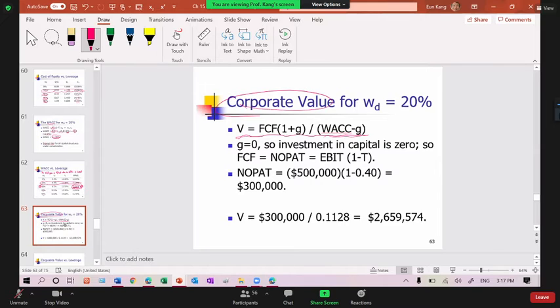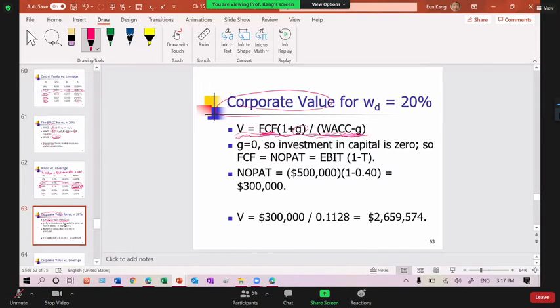So free cash flow 1 times 1 plus G over WACC minus G, right? This is when the growth is constant from time zero. Constant growth model. Payment times 1 plus G over I minus G, same thing. Growing perpetuity formula. Free cash flow is like a payment, so payment times 1 plus G over WACC minus G.